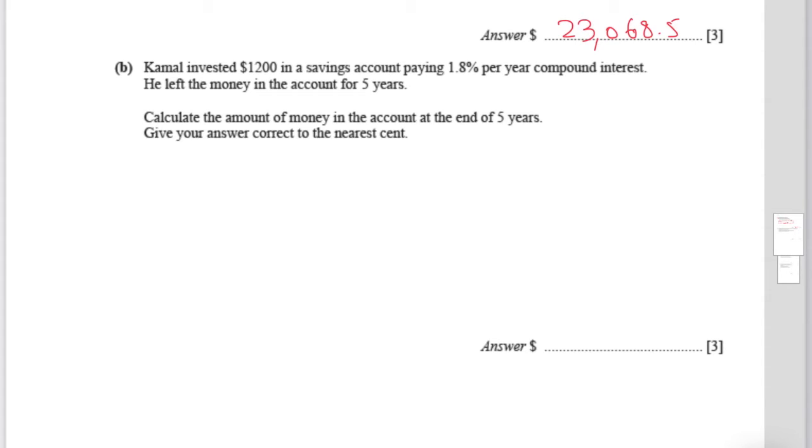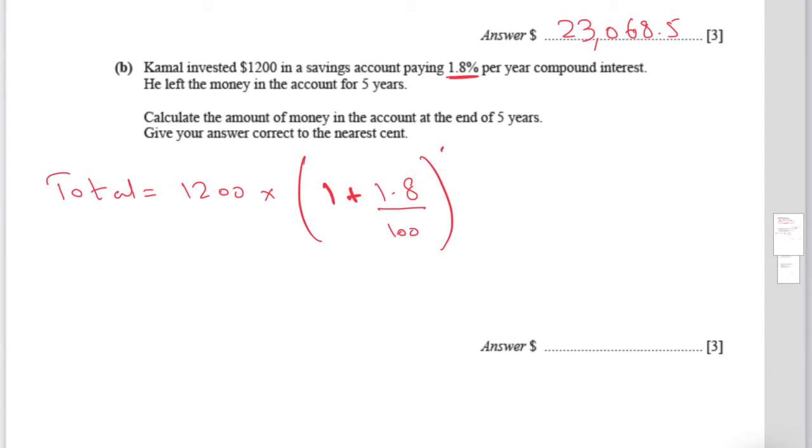Give your answer correct to the nearest cent. So the total amount that he would have by the end of 5 years can be found by using the compound interest formula, which is 1,200 times 1 plus 1.8 over 100, because 1.8% is the interest rate, compounded to 5 years, because that is what the question is asking us. So first we divide 1.8 by 100, then we add 1 to it.